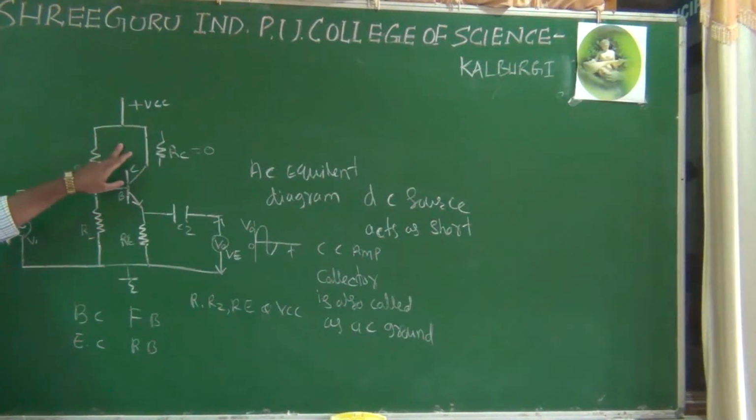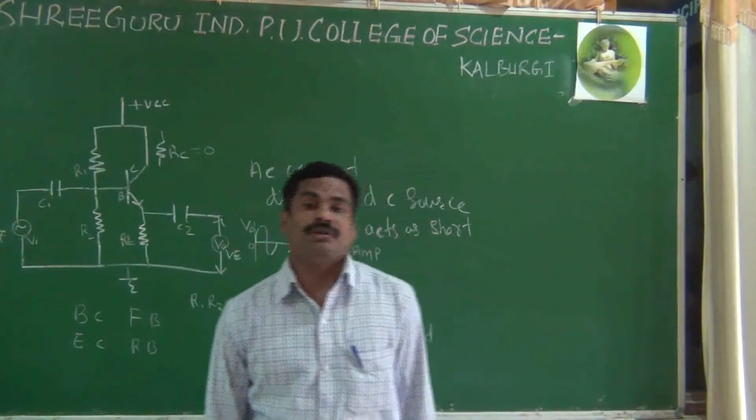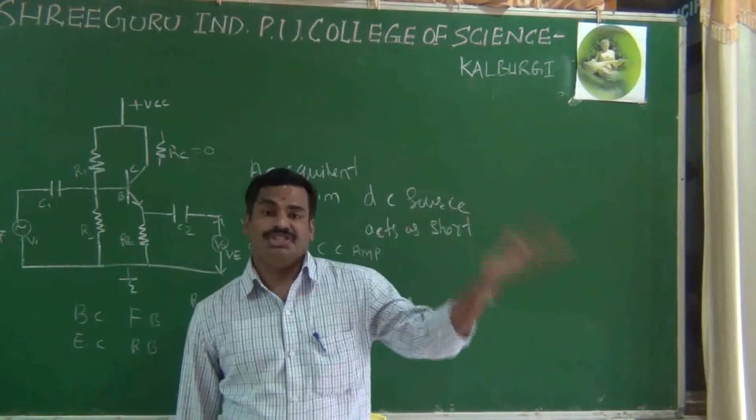Once again, don't confuse why it is called AC ground. Very simple reason: we are not connecting any RC. RC will be 0. Another reason: it is ground for the AC signal, not for the DC signals.